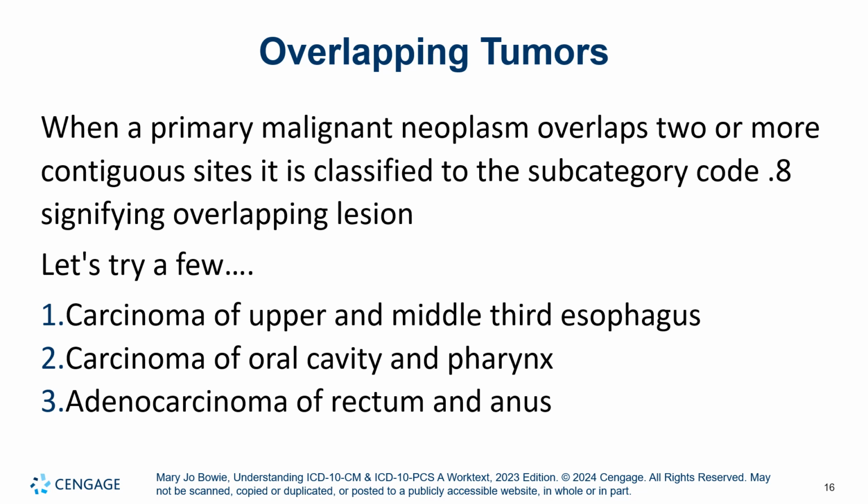So once we see that, then we're going to go to C14.8, which is malignant neoplasm of overlapping sites of lip, oral cavity, and pharynx. And that is our code, C14.8. And then the last one, which is adenocarcinoma of rectum and anus.